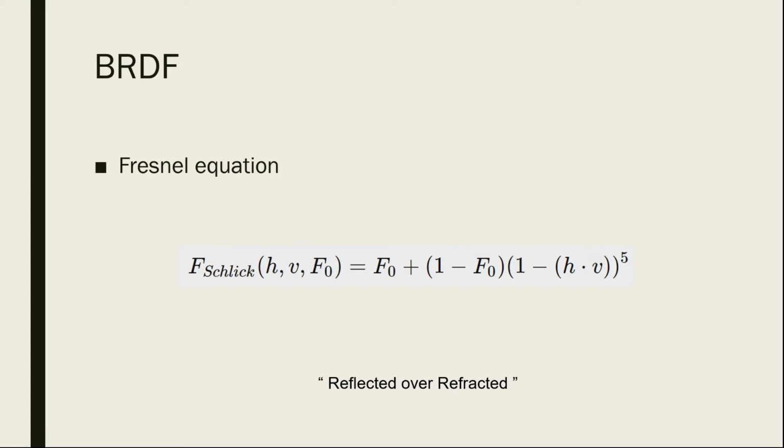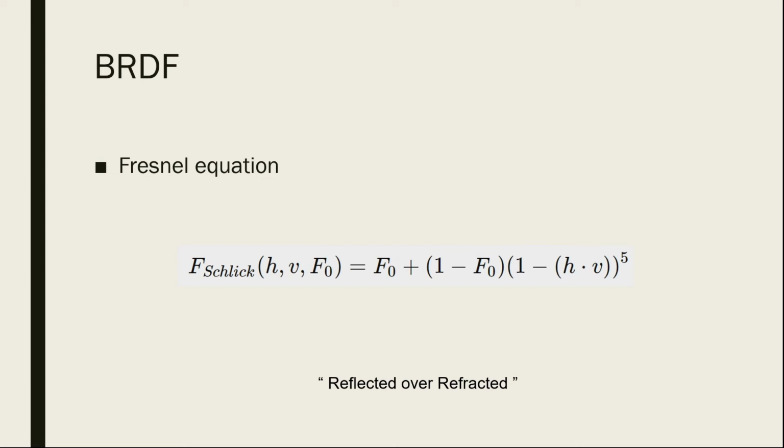The Fresnel equation here is very important. It is the ratio of the light that gets reflected over the light that gets refracted. It's very hard to pronounce, so I typed it down here. The value also depends on the angle that we look at the surface, and also the type of surface it is.